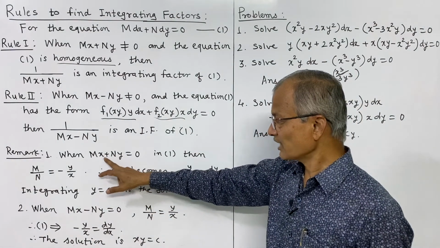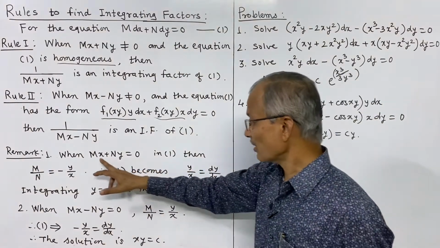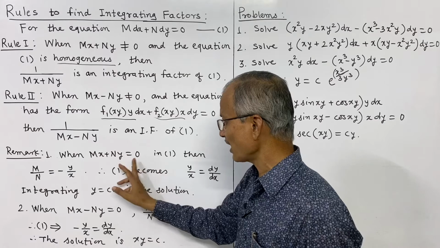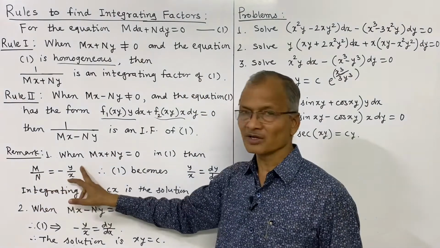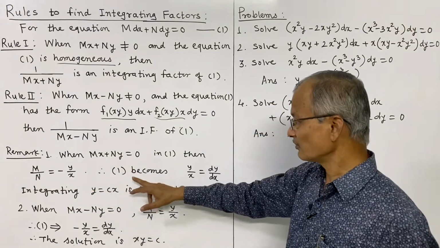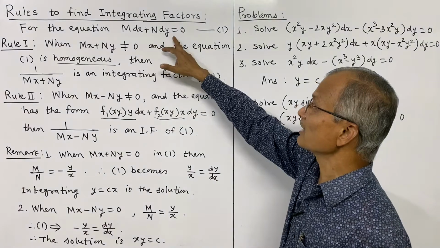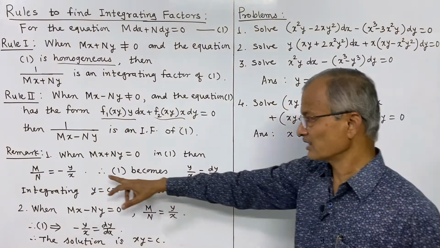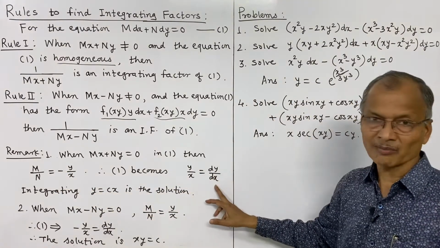When Mx plus Ny is 0 in 1, we can take this term to the other side, that is minus Ny, and then take N on this side, so M upon N is equal to minus y upon x. And again from the equation, M upon N is equal to minus dy upon dx, so y upon x is equal to dy by dx.